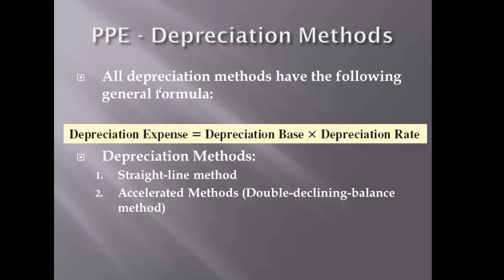Now, note that the double declining balance method will use double the straight line rate of depreciation. That implies that for the example I discussed, the double declining balance depreciation rate will be twice or 2 times the 10% straight line rate. So that will be 20%.